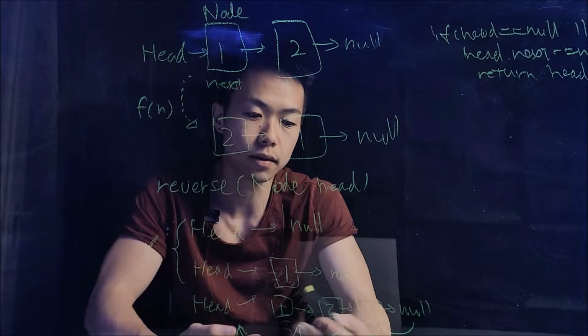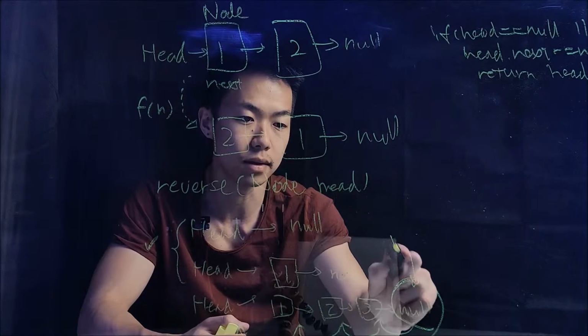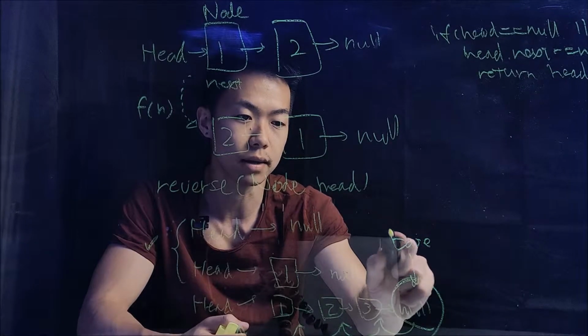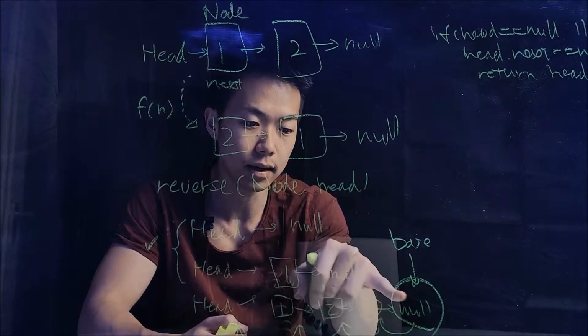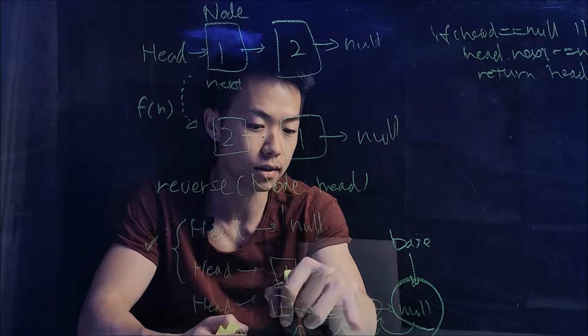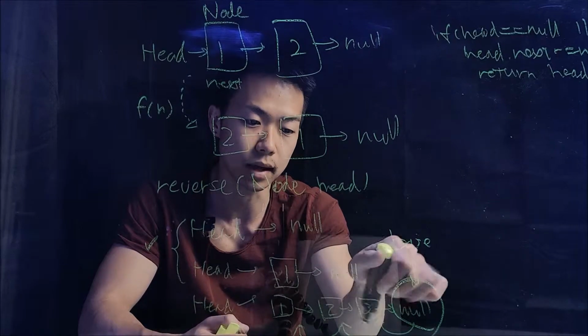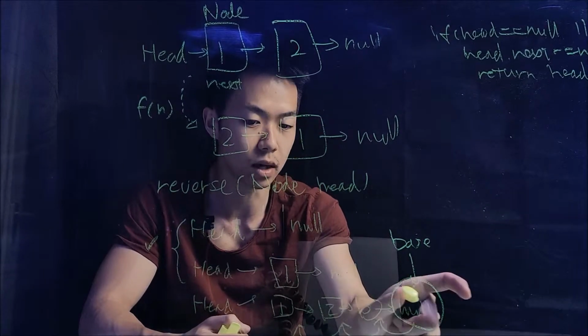So what we want to do is to define the base case, which is this one. We're going to say when the head is null, or when head's next is null, then we hit the base case because we don't need to recurse into subproblems anymore, since we don't have any more subproblems.